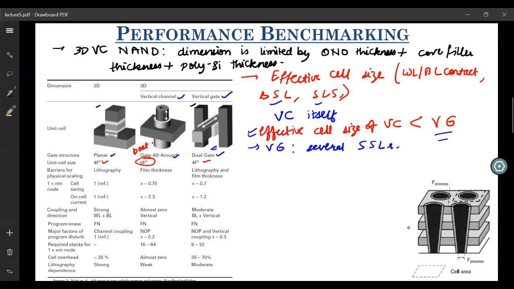And then what is the barrier for physical scaling? As I already told, it's the deposition or the film thickness of ONO, core filler and polysilicon for your gate all around VC structure.